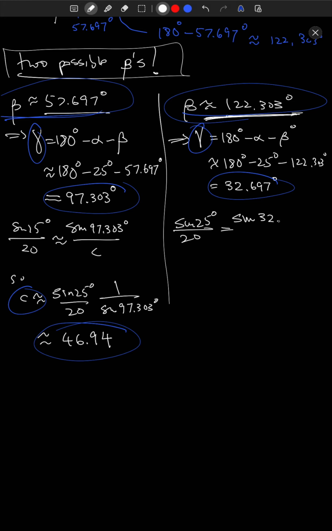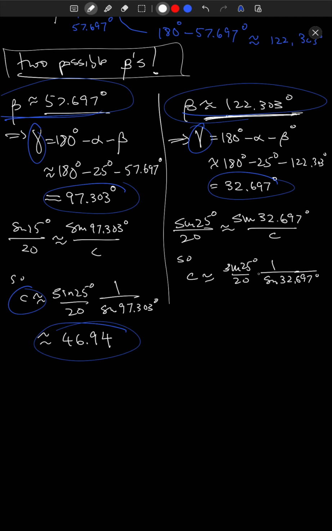So this is sine of 32.697 degrees over C. And so C, again, this probably should be a squiggly here. C is roughly sine 25 degrees over 20, 1 over sine 32.697 degrees.